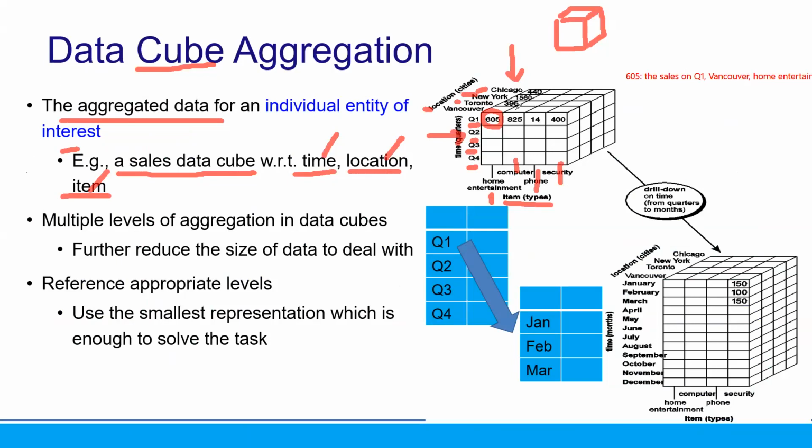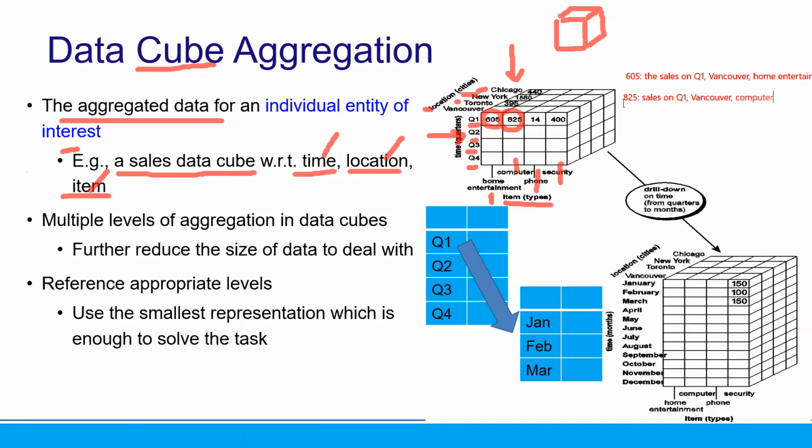What about 825? 825 is the sales on Q1, in the city of Vancouver, and the product is computer. Okay. So let's say I want to just analyze the computer, then we can just get only the computer.